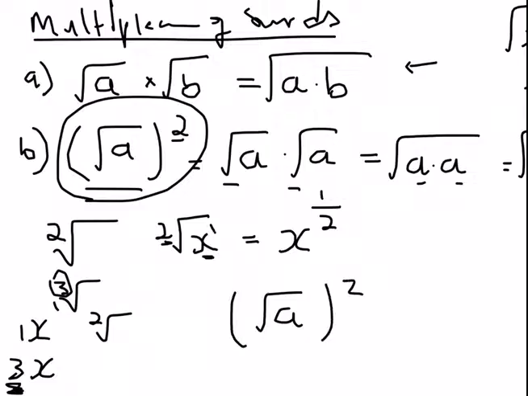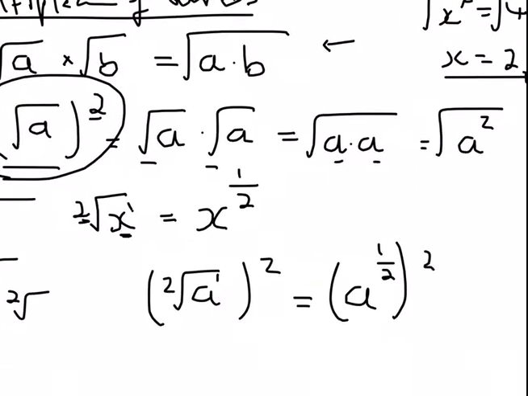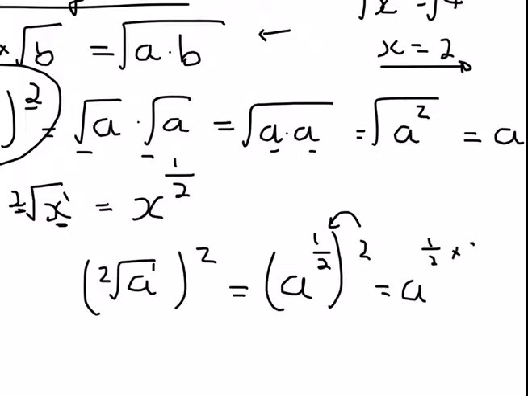So now let's work it out. There is an invisible 2 there, and an invisible 1 there. So according to what I've explained, this is the same as a to the exponent of 1 over 2. Just remember that outside 2. And you remember the law of exponents which says if you have a base to an exponent and raised to another exponent, you multiply them, so it ends up being a to the exponent 1 over 2 multiplied by 2.